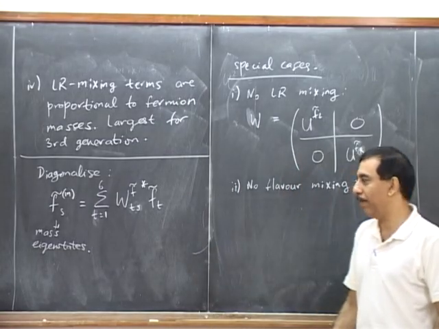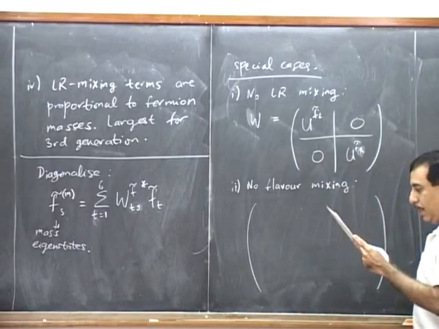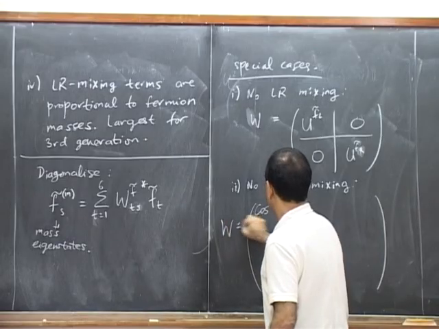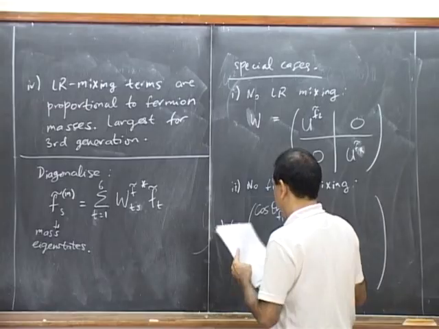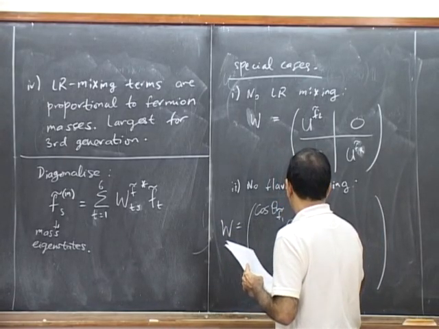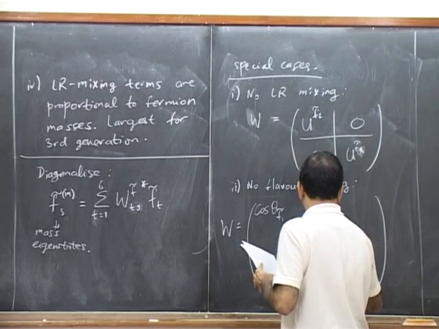Okay, 2 can mix with 5, 3 can mix with 6, so it doesn't take a huge degree of mathematics to realize that in that case the mixing matrix looks like cos theta of the first generation, cos theta second generation, cos theta third generation, cos theta.